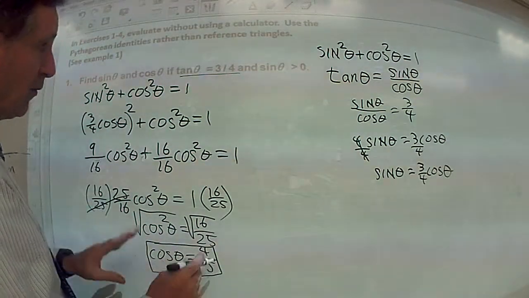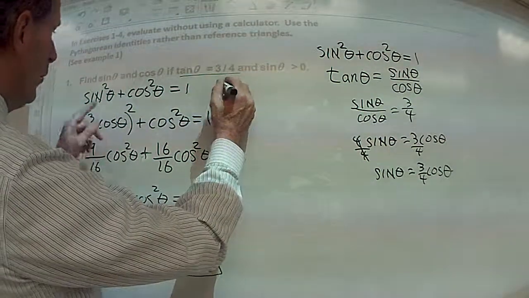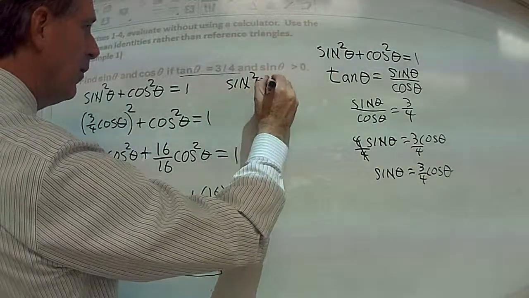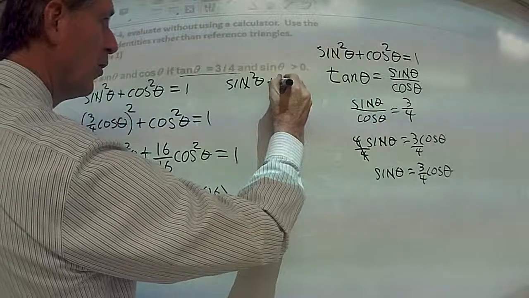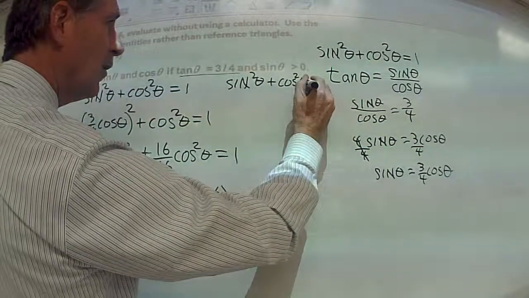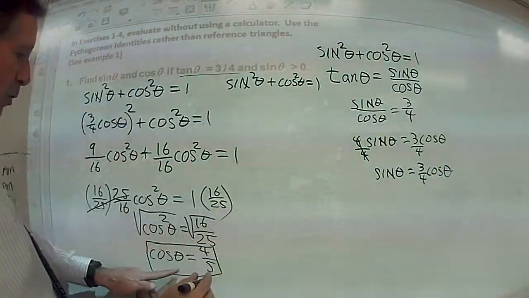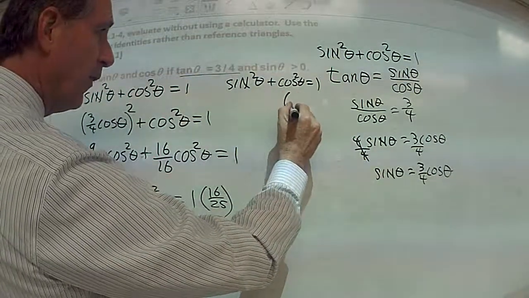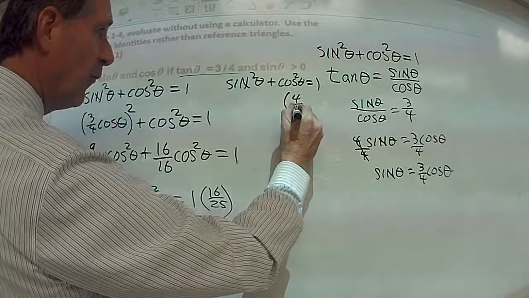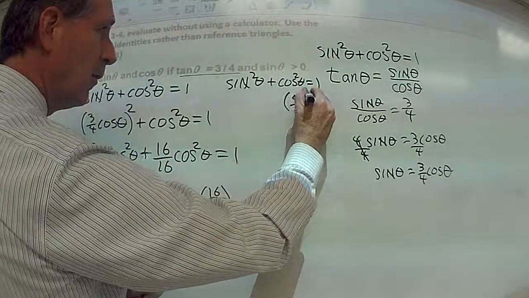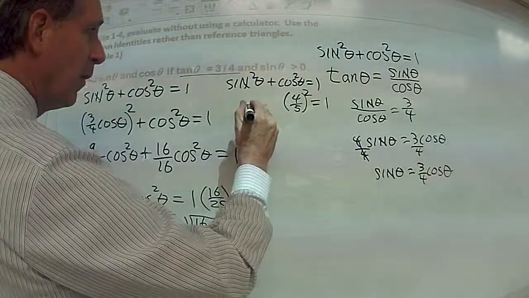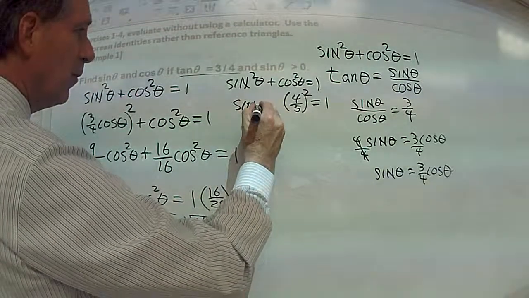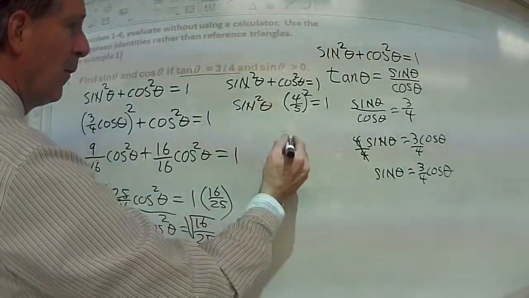Now we're going to use this 4/5, rewriting this identity here, sine squared theta plus cosine squared theta is equal to 1. Well, cosine theta we've already figured out is 4/5. So here's 4/5 replacing cosine theta, and we have sine squared theta.